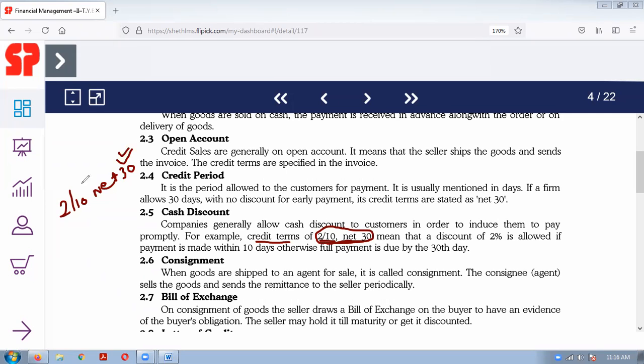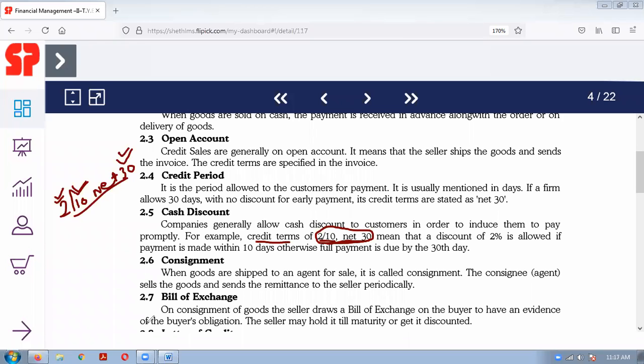But if you pay within 10 days, you will get 2% discount. So you have to read it like this: 2 by 10 net 30 means the company gives 30 days time to the customer to pay the amount, but if they make payment within 10 days, they will be given 2% discount.